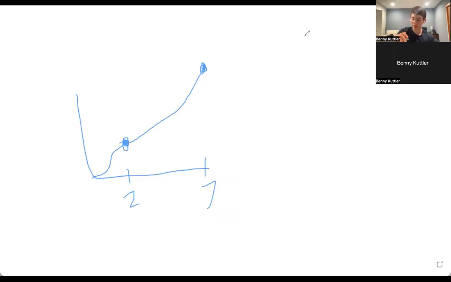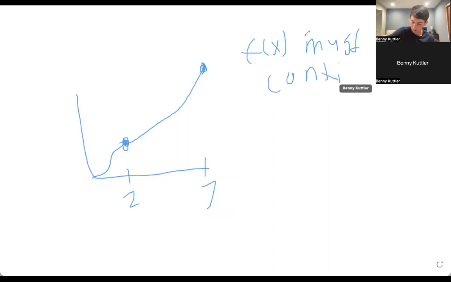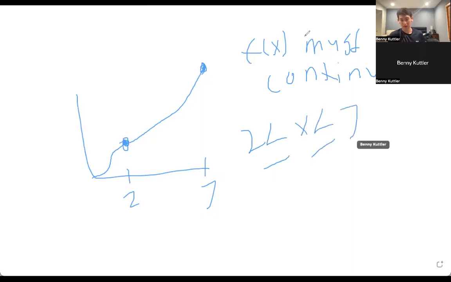So if we know that this function is continuous, let's write that, f of x must be continuous. Enjoy my terrible handwriting. f of x must be continuous, and if it is, then that means between 2 and 7, let's generalize it to c.